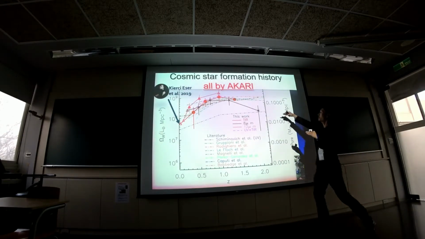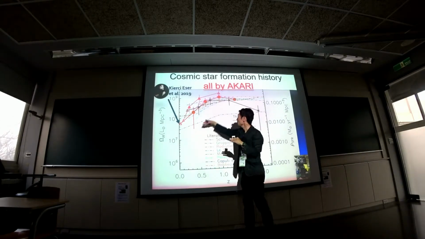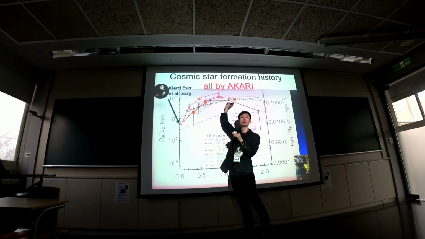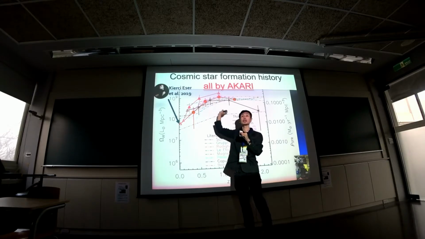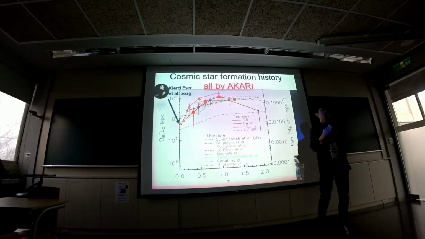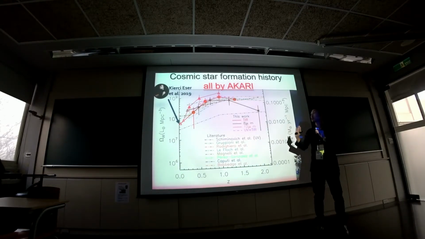And this is UV. Compared to the UV, this infrared measurement is about an order of magnitude larger, right? This means 90% of the star formation is obscured. So using infrared is very important for cosmic star formation history.